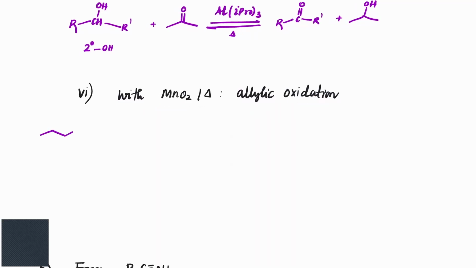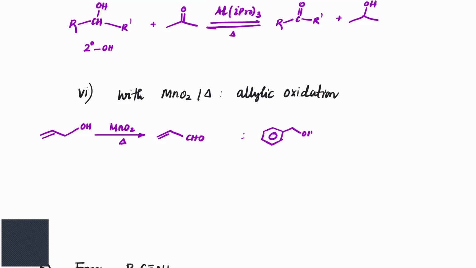That is, if you have an allyl alcohol and we treat this with MnO2 and heat, any allyl alcohol will convert into an aldehyde, or any benzyl alcohol will also convert into an aldehyde.